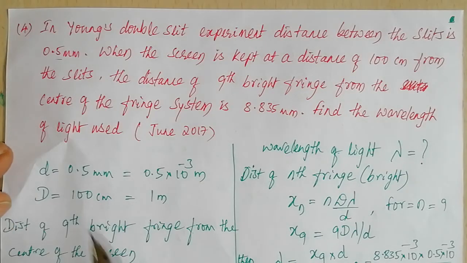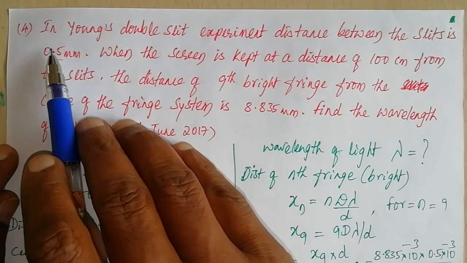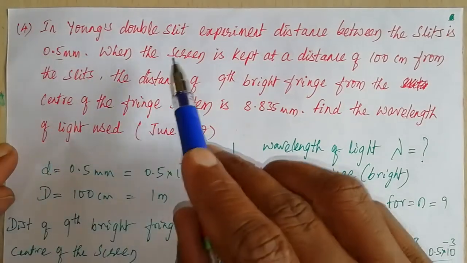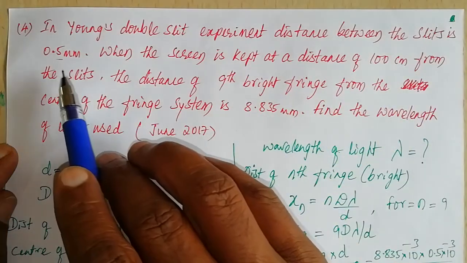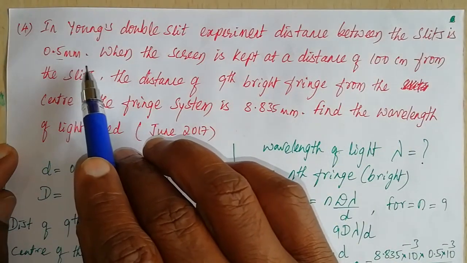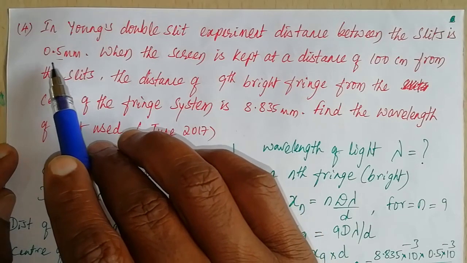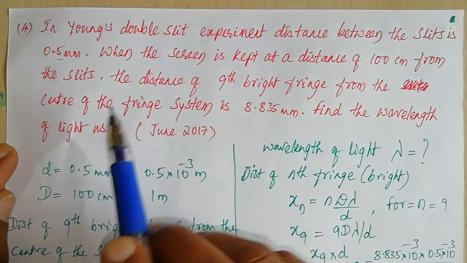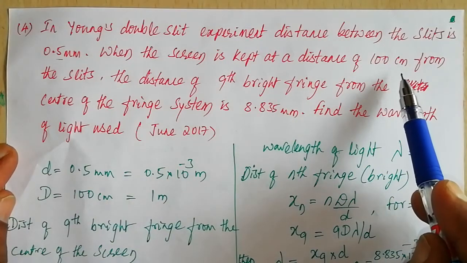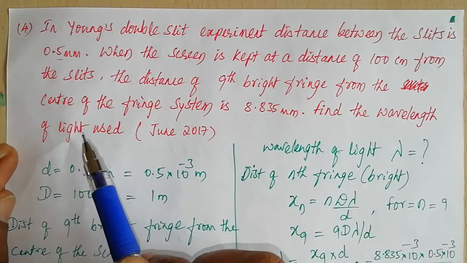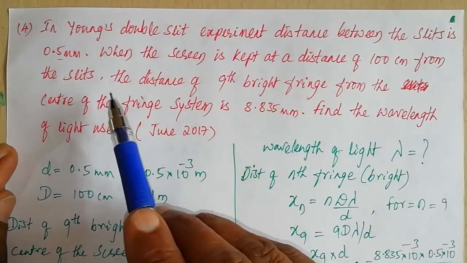The next numerical sum, the fourth one. In a Young's double slit experiment, the distance between the slits is 0.5 millimeter, that is small d is 0.5 millimeter. The screen is kept at a distance of 100 centimeter from the slits, capital D is 100 centimeter.